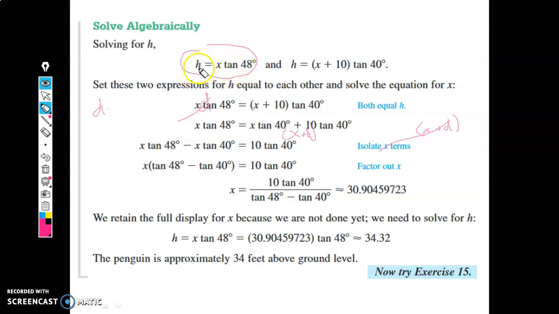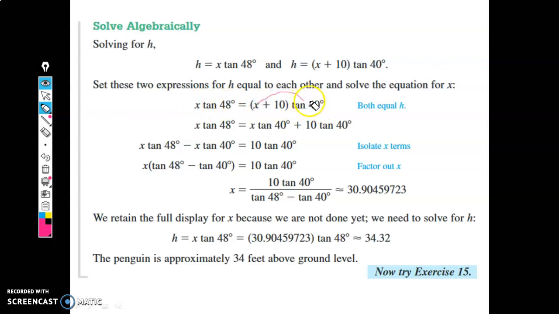And since we now know what h is, you can actually multiply by x plus 10 in the second equation. That makes it a little bit easier. Okay. We can now substitute what h is, which is x tangent of 48, in for this h, and rewrite this equation so it only has variables with x. Okay, so since we have an equation with variables with x, you can now solve it.